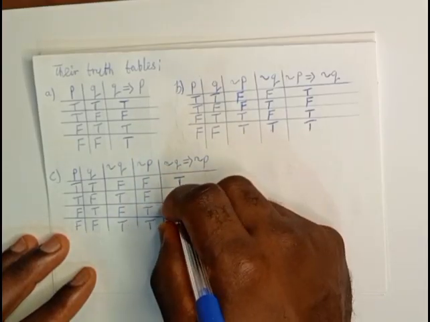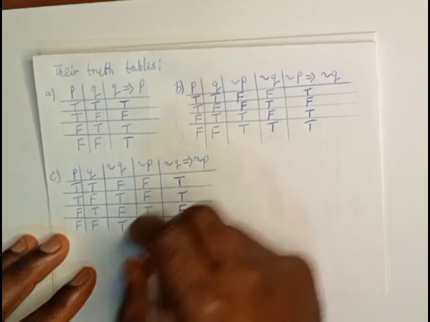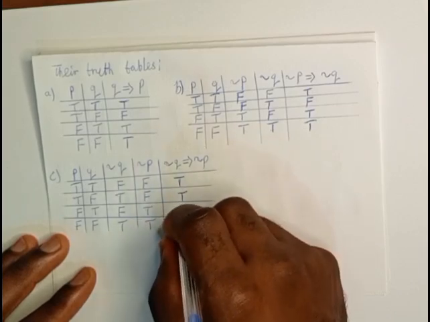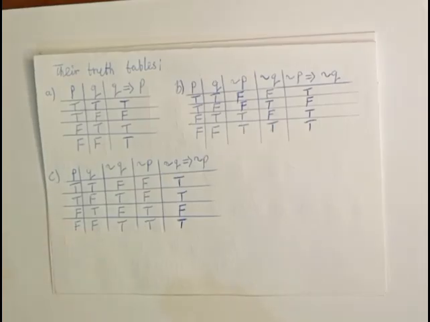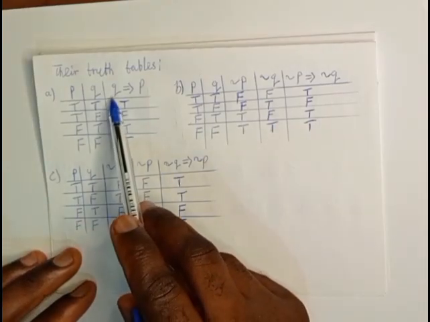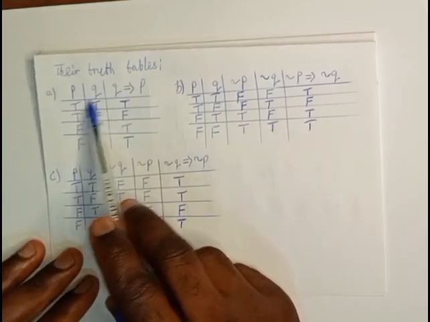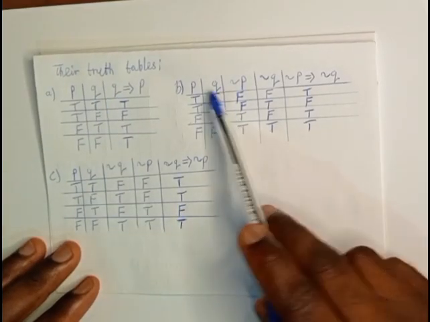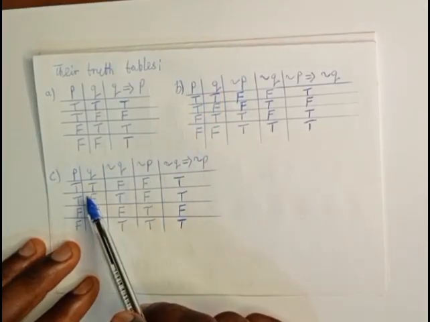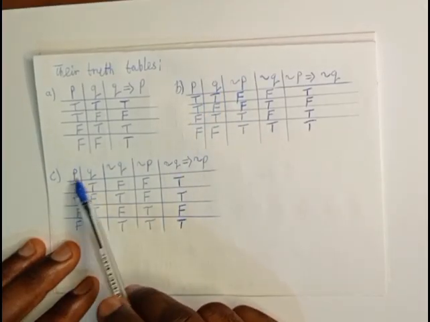False, true gives us false. And lastly, true, true gives us true. These are the truth tables for the converse of the two statements P, Q, the inverse of the two statements P, Q, and the contrapositive of the two statements P, Q.